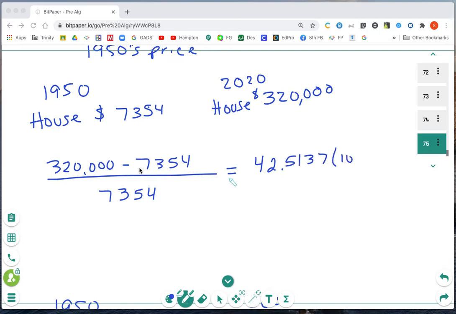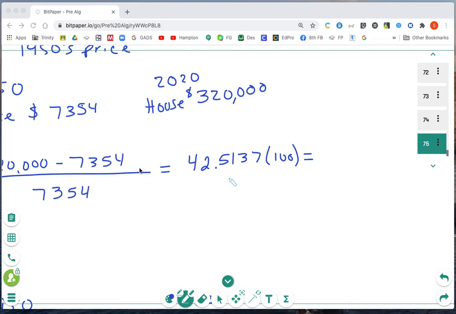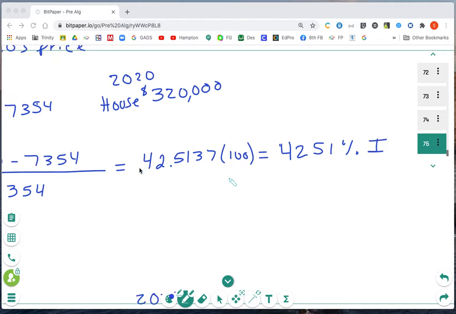Now we take that number and multiply it times 100, and we get 4,251% increase. So the price of a house increased by 4,251% since 1950. And it's an increase because the price increased.